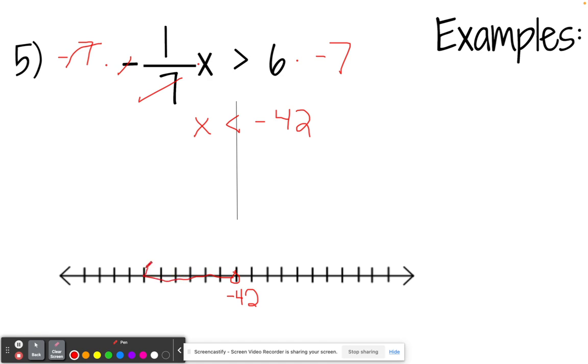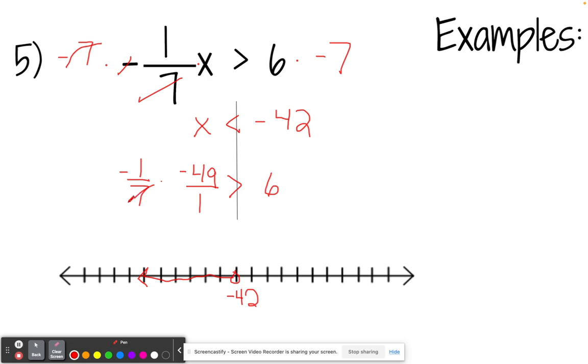So when I think of numbers smaller than negative 42 that I want to test, I'm going to do one that I can take a seventh of pretty easy. So I'm going to go with negative 49 to see if that works. I can do 49 over 1. You want to make sure that this is bigger than 6.